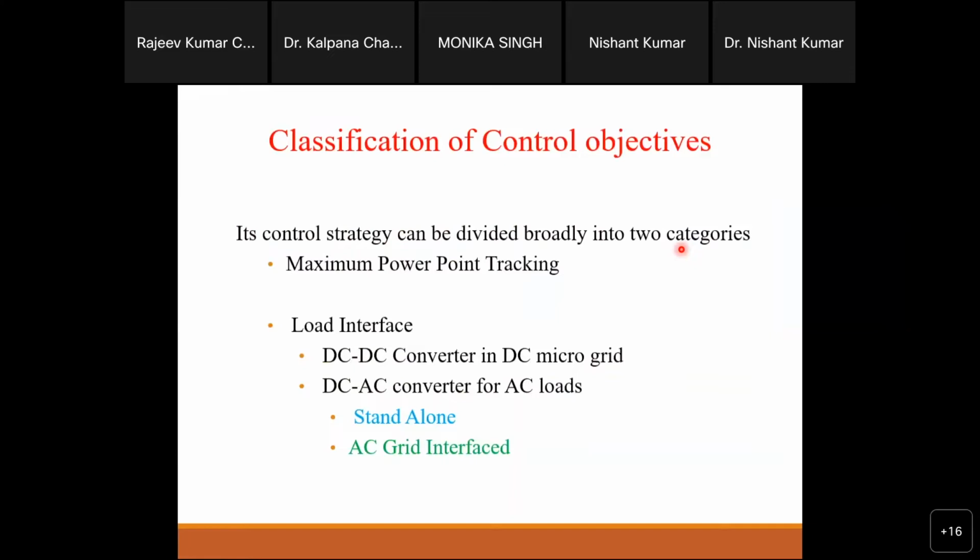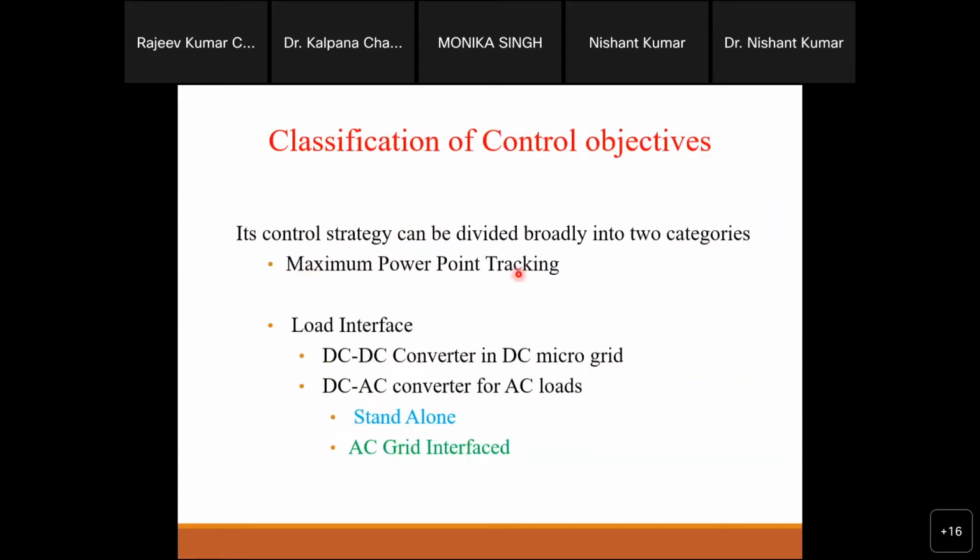Next is the control objectives. What are the objectives we will handle through our control? Whenever we operate a solar panel with the grid, the first objective is maximum power extraction from the panel. This is my first objective because solar panels are not a fixed power source.